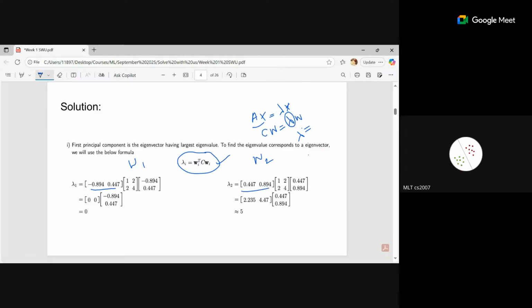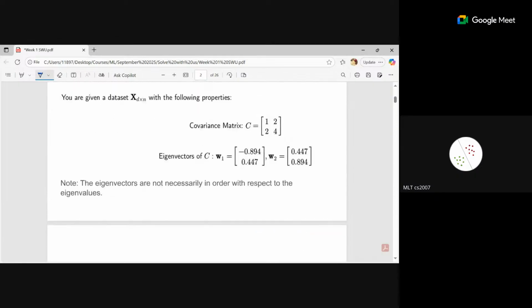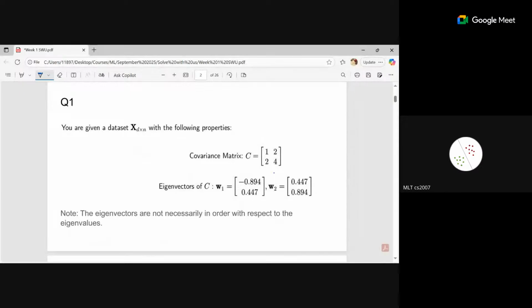Corresponding to W1, the eigenvalue is 0, but corresponding to W2, the eigenvalue is 5. So the largest eigenvalue of the covariance matrix C is 5, which means the second eigenvector should be my first principal component. So this should be the answer.